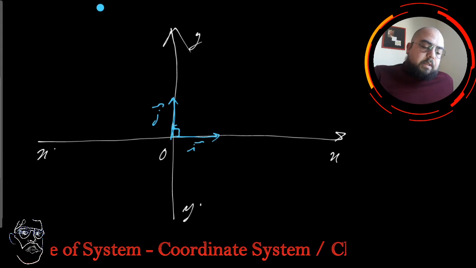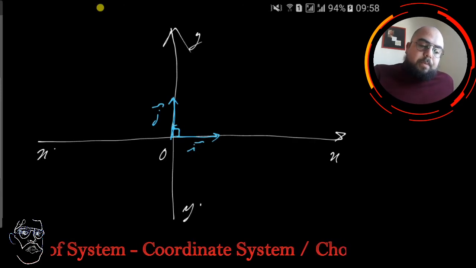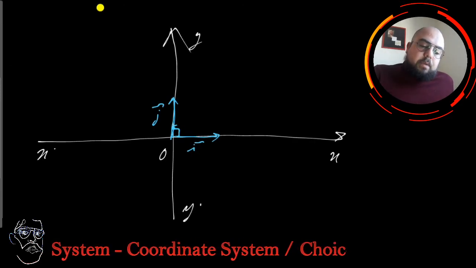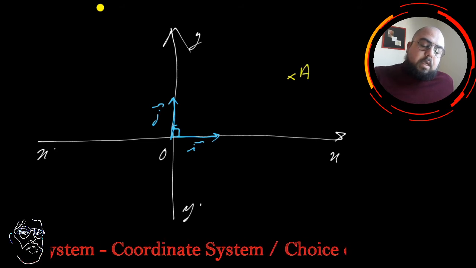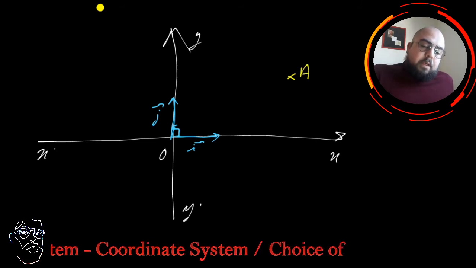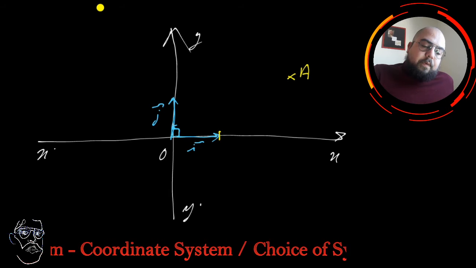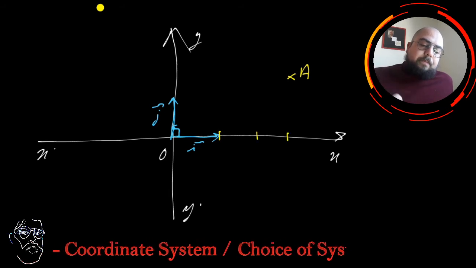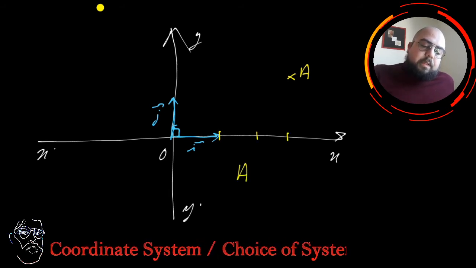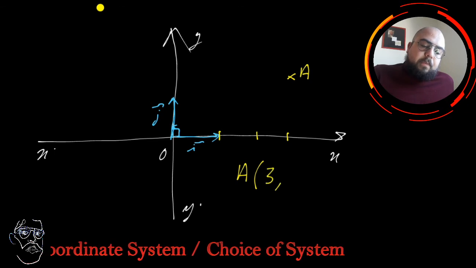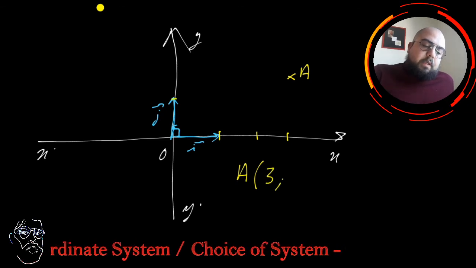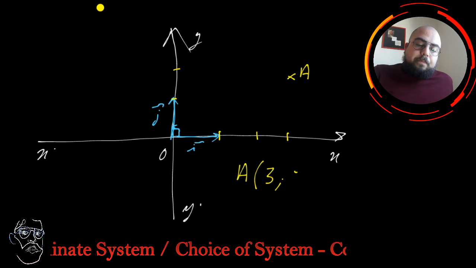Let's say I'm interested in a certain point positioned at this place. Let's say this is A. We need to find out the coordinates of A. So A has the abscissa 3, and as for the ordinate, it's 2.